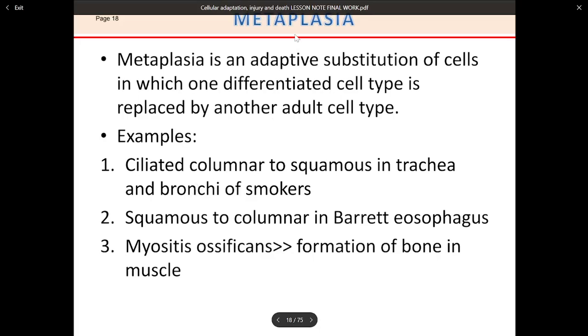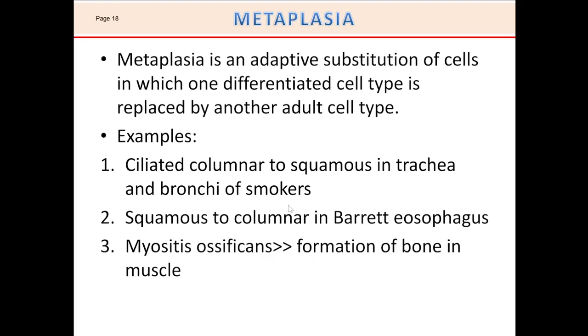Now, another very important concept in cell adaptation is metaplasia. Metaplasia is an adaptive substitution of cells in which one differentiated cell type is replaced by another adult cell type. Examples include, number one, ciliated columnar to squamous in the trachea and bronchi of smokers.